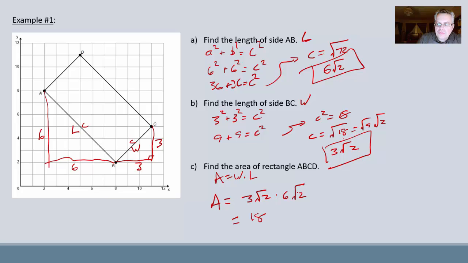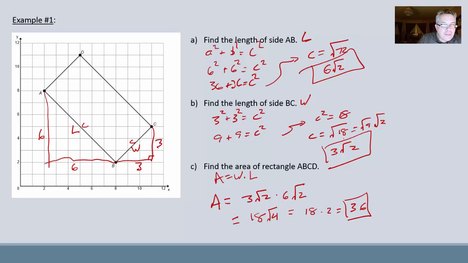Square root of 2 times square root of 2 is square root of 4, which is just 2. So this is 18 times 2, and I finally get 36 after some simplification. Even though I had radical sides, 6 square root 2 and 3 square root 2, the area turned out to be a whole number, 36.